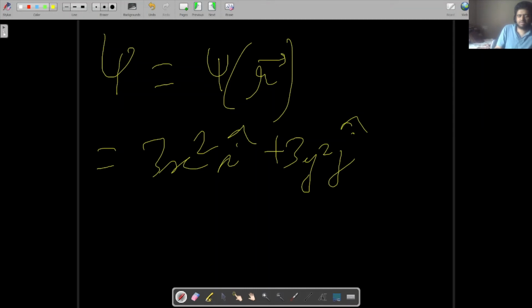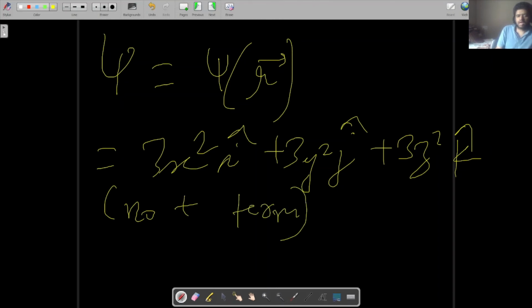This is not an example of a wave function, but I am just giving you a rough idea. Suppose this is a function. Over here no t term is present. As no time term is there, this is clearly time independent.